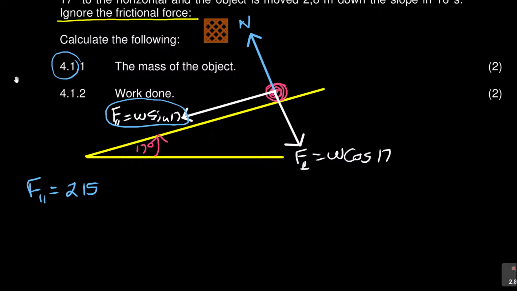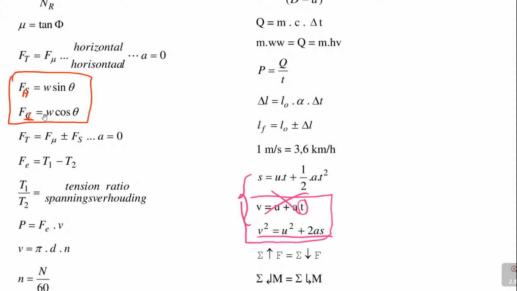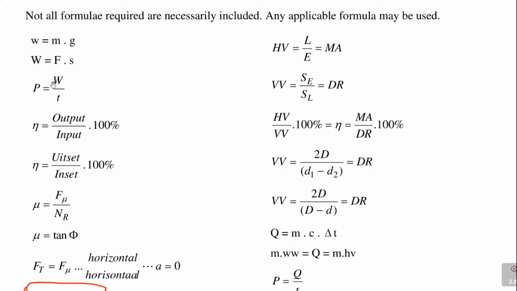Very good. Now the mass of the object, you mustn't struggle. Look, we've got two formulas. F parallel, they gave us that, but we've got our own F parallel with a formula, which is W sine 17. Right, and you know what is W. You come back to this formula sheet. You know what is W. That W is weight, which is mass times gravity. Weight is mg. That's the small w.